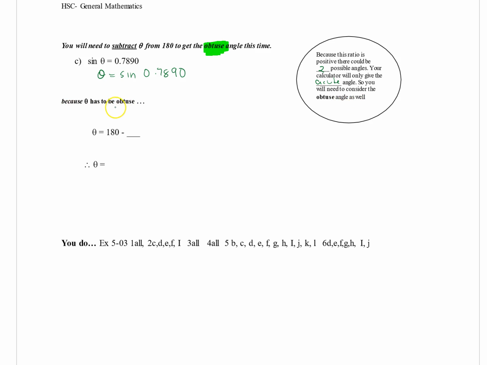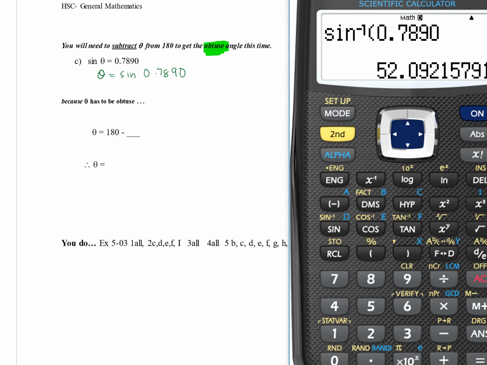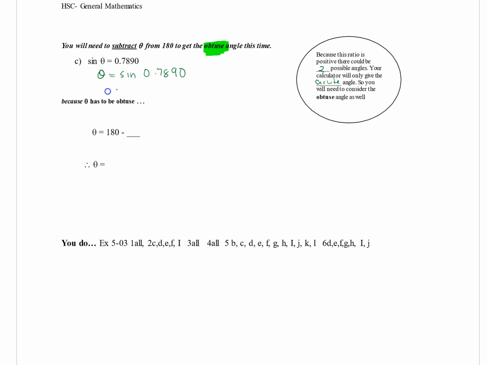Because theta has to be obtuse, then theta will be 180 minus the acute angle. Let me get the calculator up. There you can see the calculator says that theta is, I'll just write it as 52. Clearly not obtuse. It's not a number between 90 and 180. How do I get the obtuse angle?